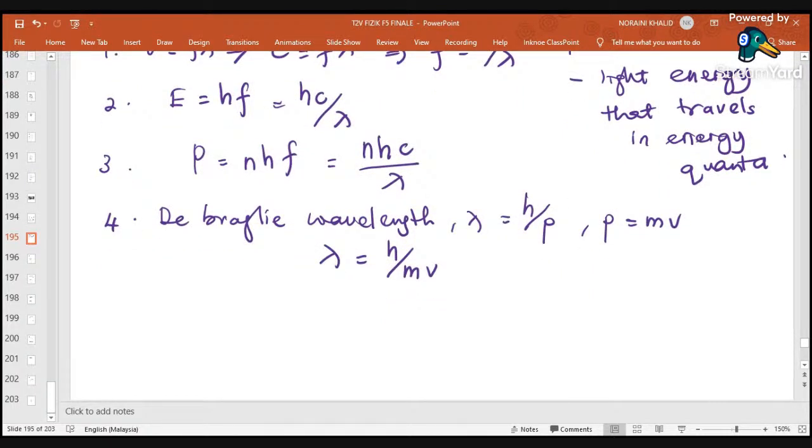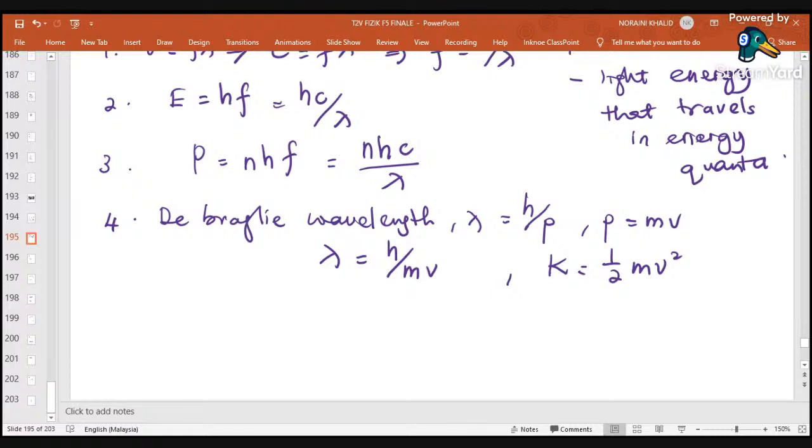From the formula of kinetic energy, K equals half mv squared, we can substitute v into the formula.